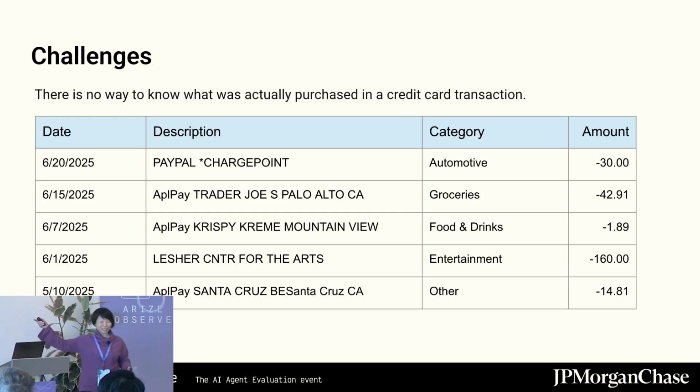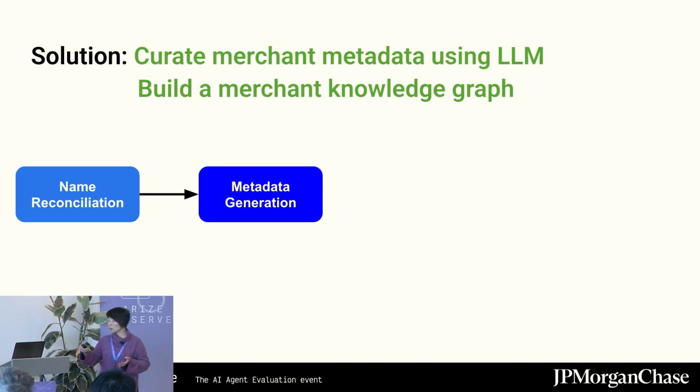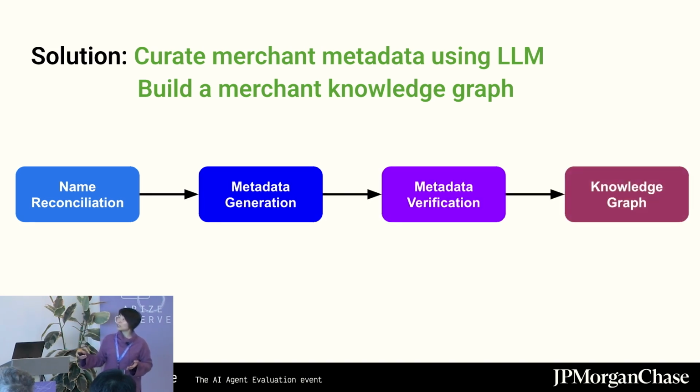My daughter made that transaction, but we need to reconcile it to Santa Cruz Boardwalk. Name reconciliation is really important because it brings the noisy transaction name back to the business's true name that the LLM knows it by. Then we generate metadata, then we verify, and finally we build a knowledge graph.